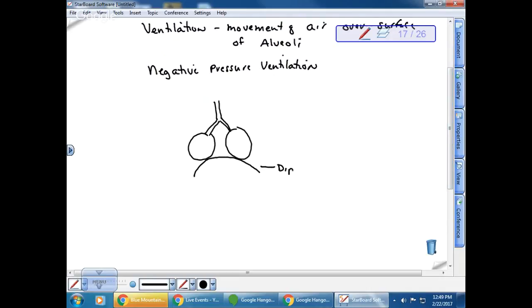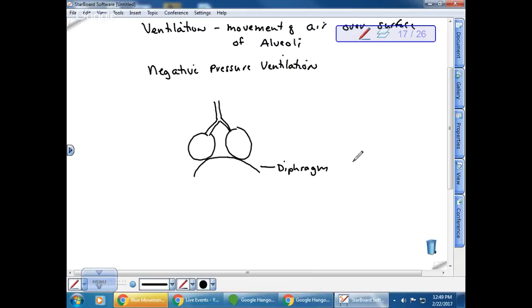It's an interesting muscle because normally we don't think about contracting it, but we can cause it to contract when we breathe, so it tends to be involuntary. Okay, so that's the diaphragm.